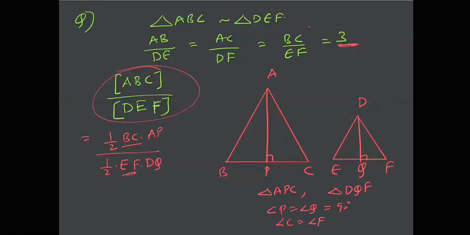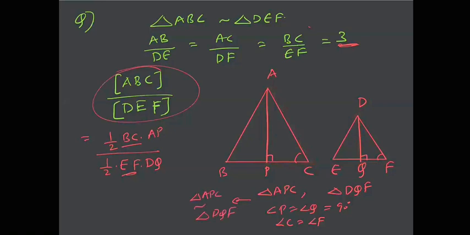So these two angles should be equal, right? Since two angles in any two triangles are equal, those two triangles are said to be similar, right? By the AA similarity criterion. So the triangle APC is similar to triangle DQF.